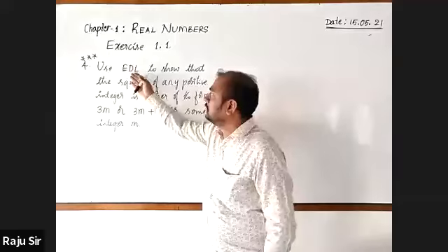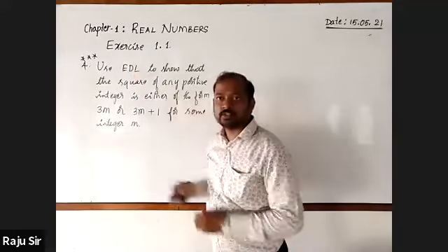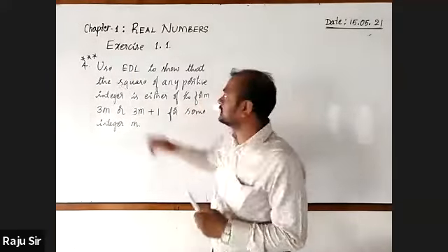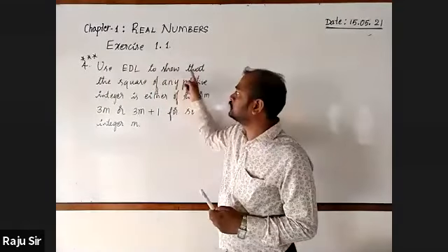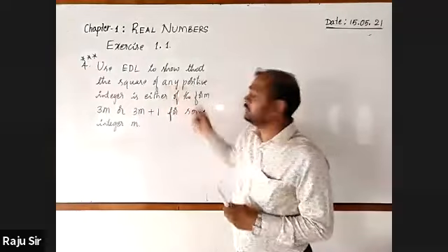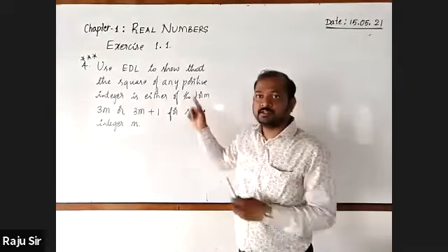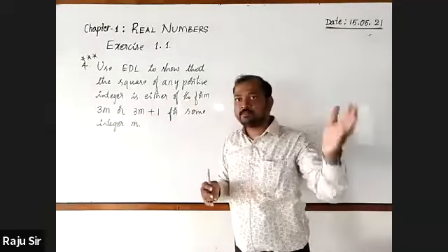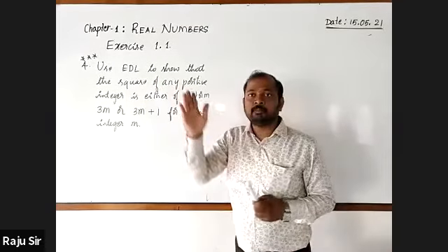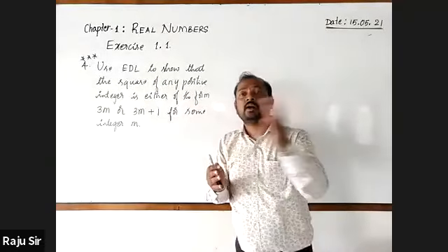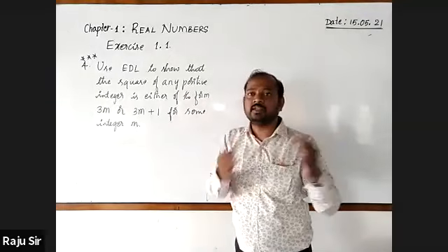Just now you may go through this statement. The statement is: use Euclid's division lemma to show that the square of any positive integer. In the previous statements, we had to show that any positive odd integer or even integer is in a particular form.